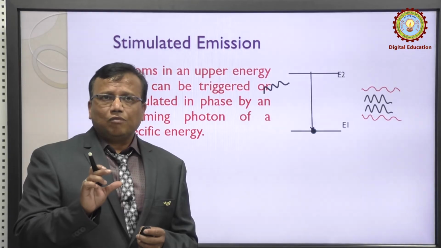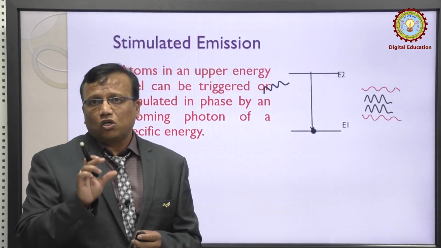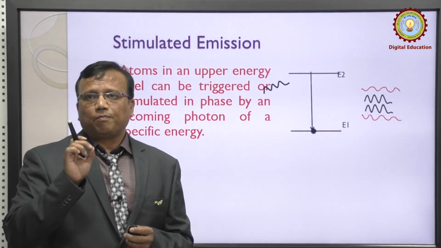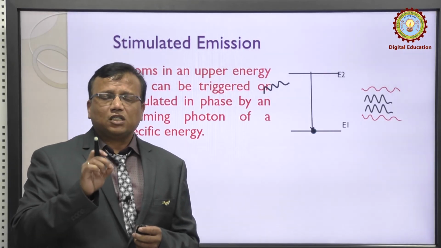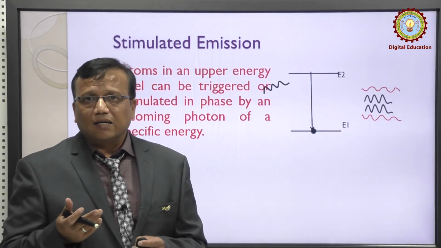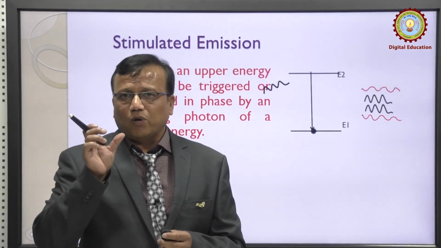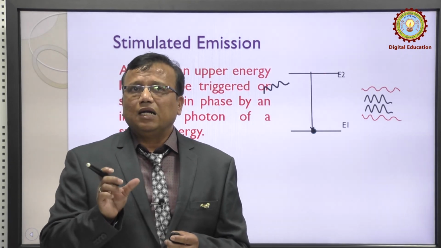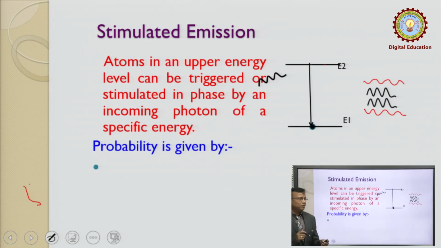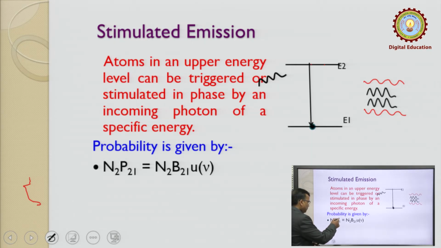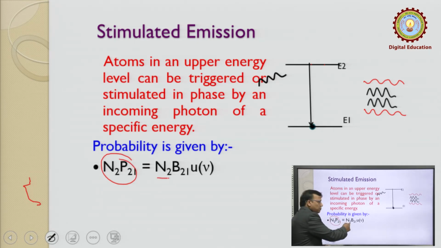That is why we say that spontaneous emission is not used in the process of making laser light. The stimulated emission process is widely used in making laser light. The probability of the stimulated emission is given by N2 P21, which is equal to the number of atoms in the excited state, the energy density given to the atoms in the excited state, and B21 is the Einstein coefficient of stimulated emission.